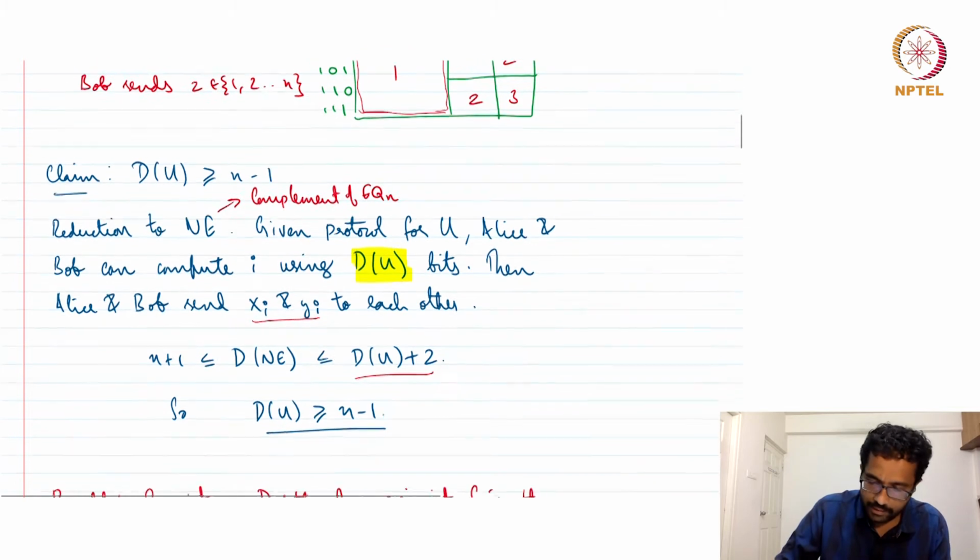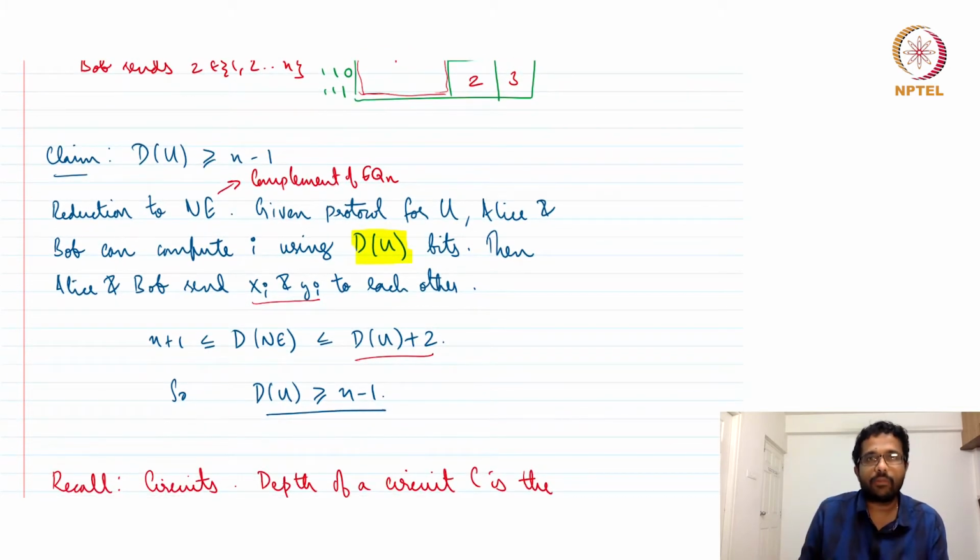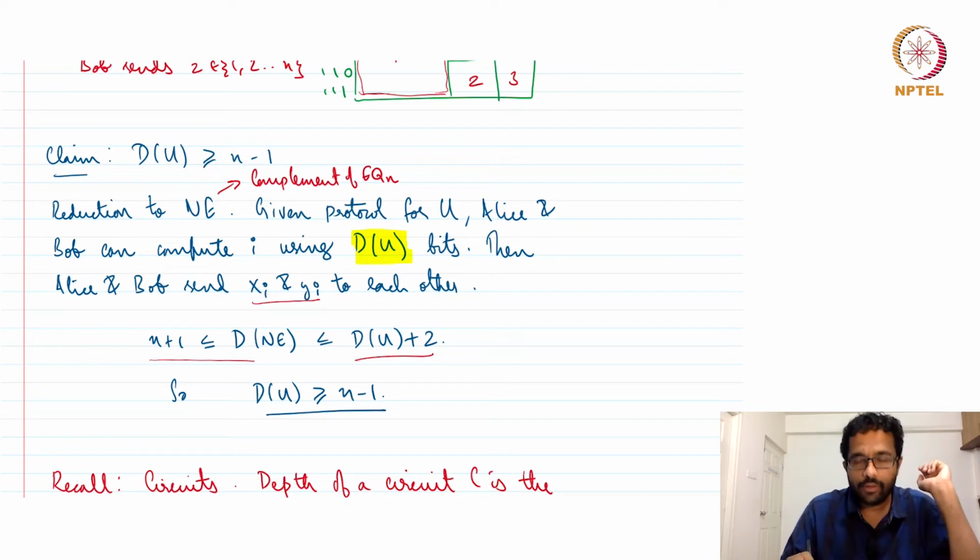But at the same time, using lower bounds for equality, we can also say that deterministic complexity for not equal to is at least n plus 1. So we know that deterministic complexity of not equal to is at least n plus 1 and at most du plus 2. And this gives a lower bound for du of n minus 1.